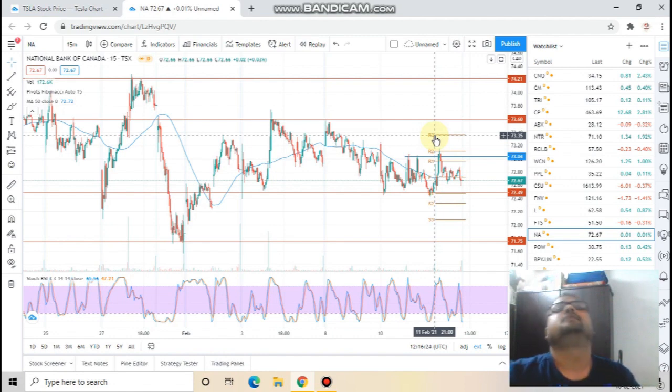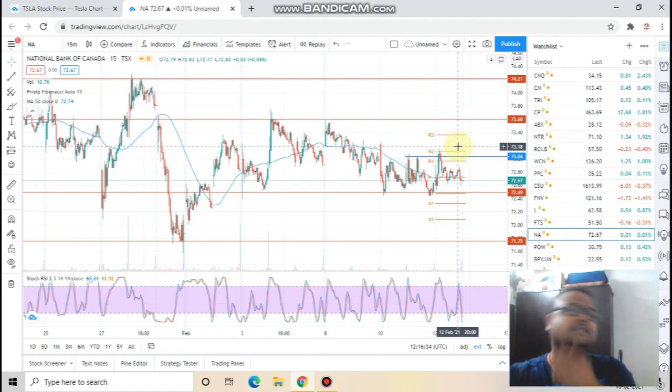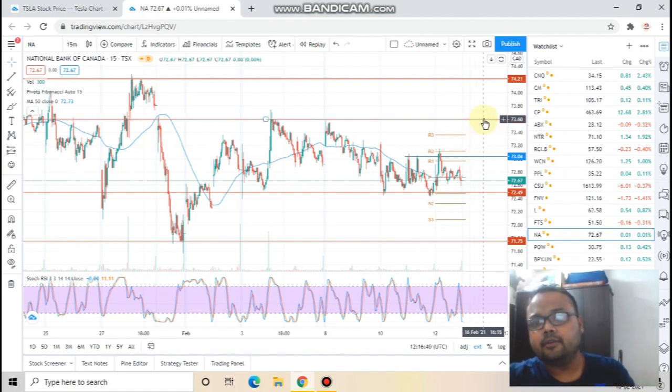After breaking this particular resistance level, if it stays above this level for 15-20 minutes, then you can buy. Your next target would be the 73.60 level.